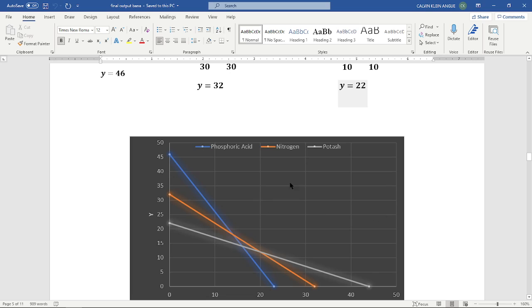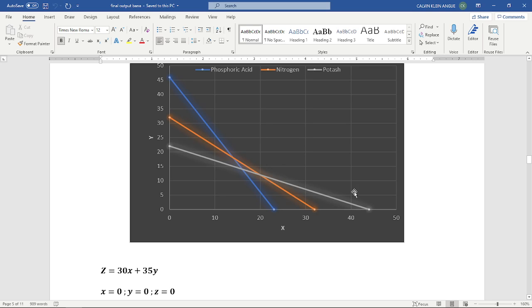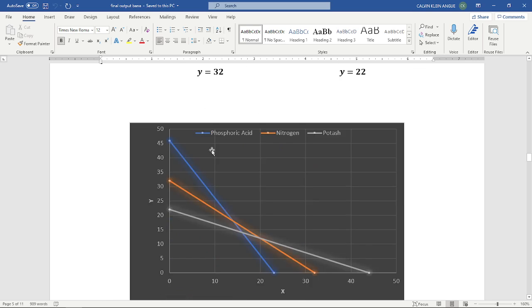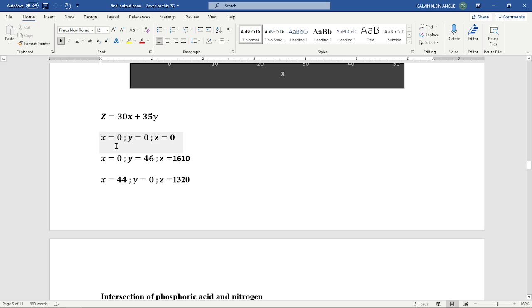So this is your feasible area. You need the feasible solution area. So you have 1, 2, and non-negativity, and 3 and 4. You need to solve 4. So x equal the non-negativity is 0, 0, 0. So the cost will be 0.